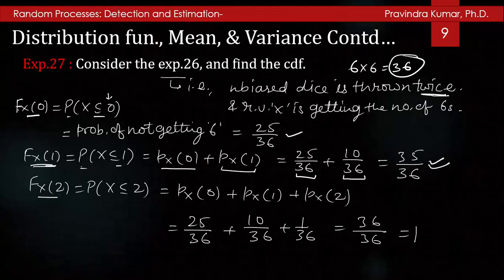The CDF at x equal to 2 means the probability that x is less than or equal to 2, which is the probability at x equal to 0 plus the probability at x equal to 1 plus the probability at x equal to 2. That is 25 by 36 plus 10 by 36 plus 1 by 36, which is 36 by 36, or 1. So the CDF at x equal to 2 is 1.